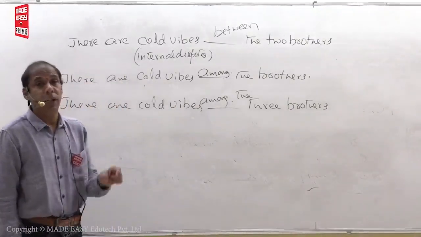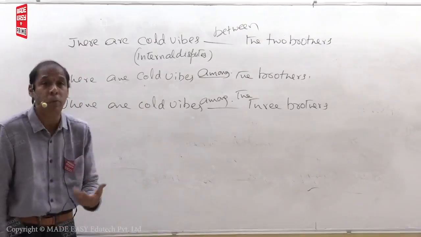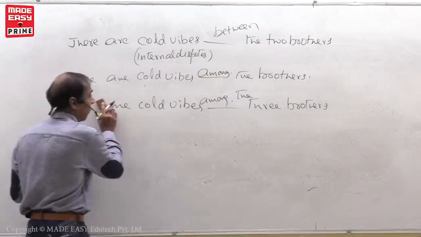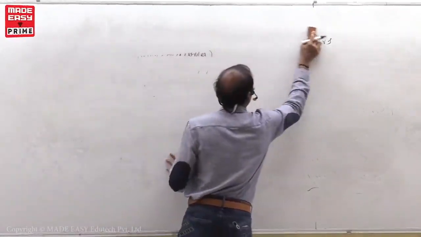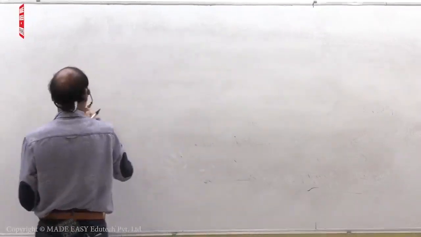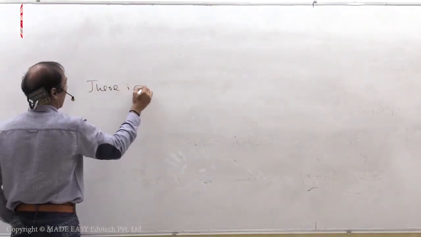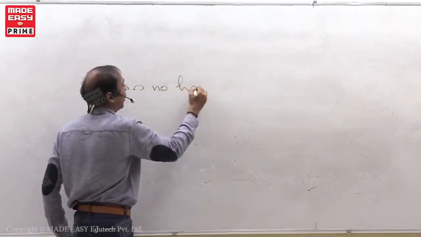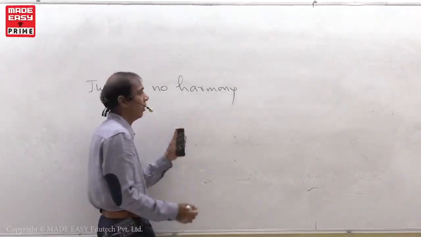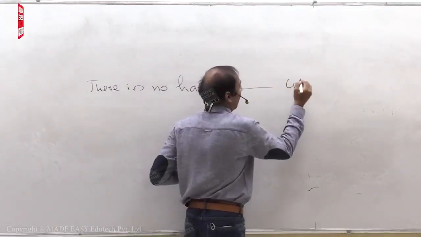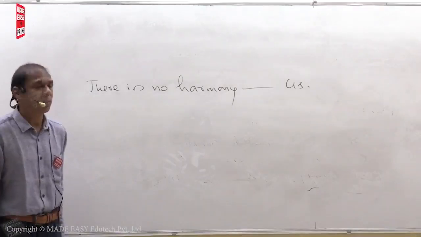But sometimes amongst takes place in the place of among. When we have to use amongst, I'll explain now. See, there is no harmony dash us. Harmony means peace.